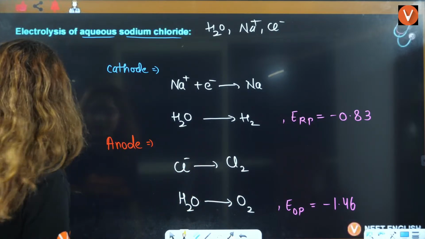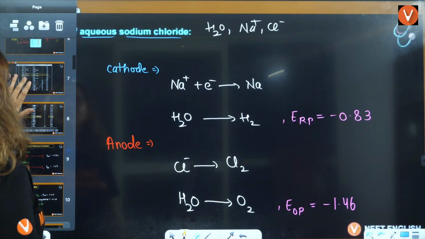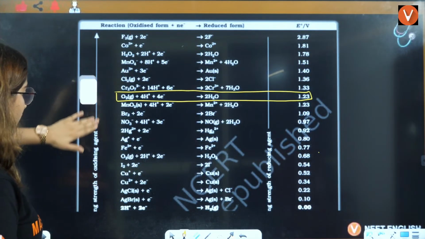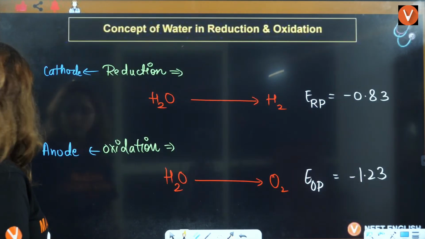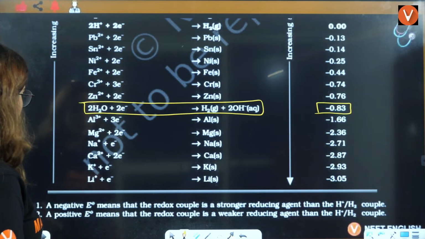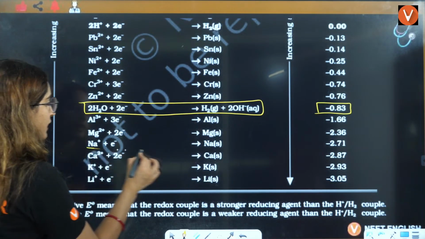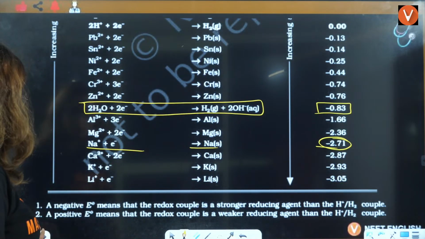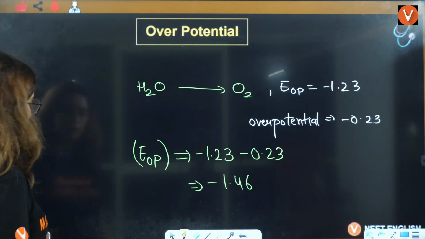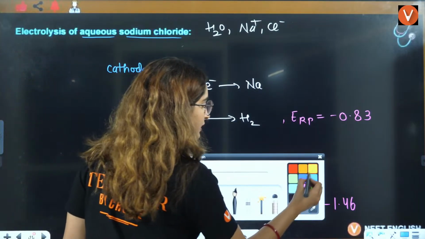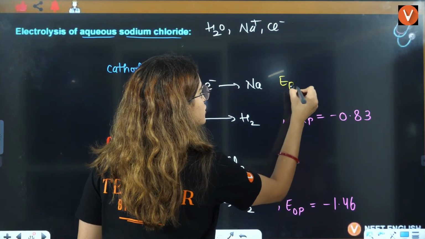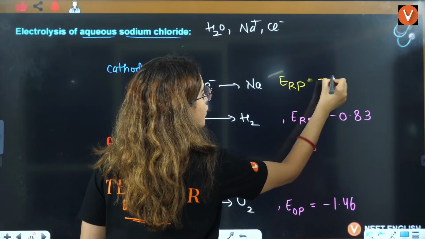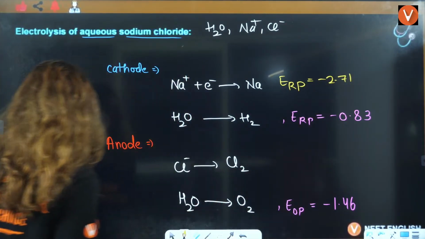Let's find out: when sodium is gaining the electron, what is the electrode potential? It is minus 2.71. So shall I write it here? Minus 2.71. This reduction potential is minus 2.71.